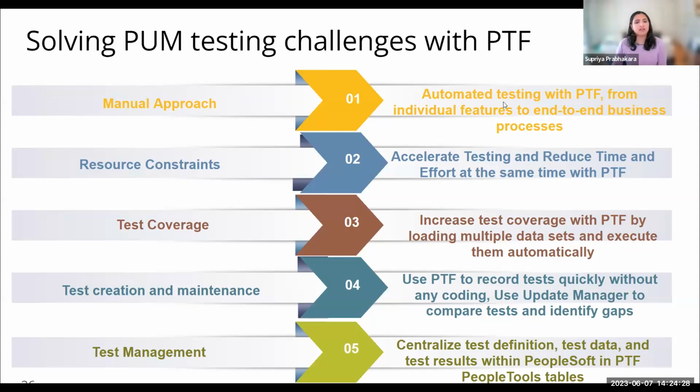And the issue of resource constraint. PTF is very, very fast and it executes a script within a span of seconds or minutes, so it is definitely going to reduce the time and effort as well.